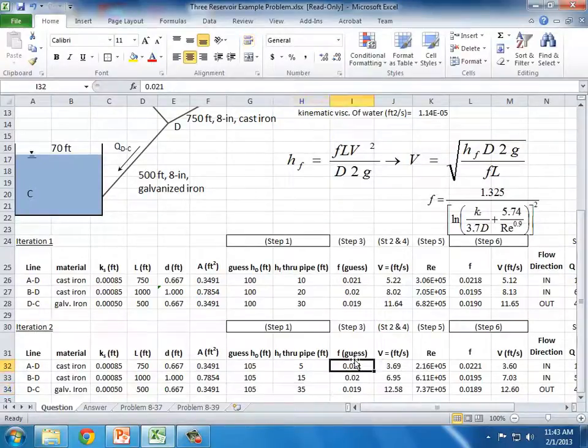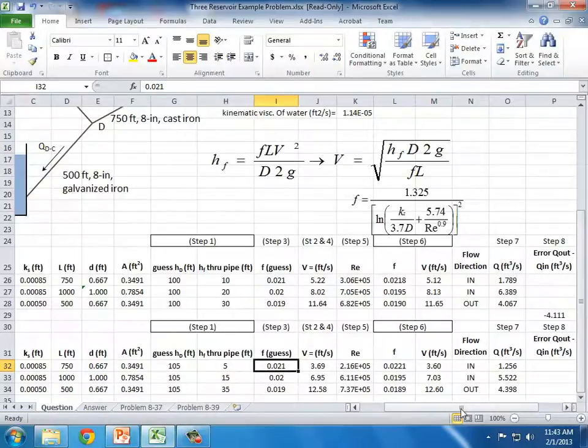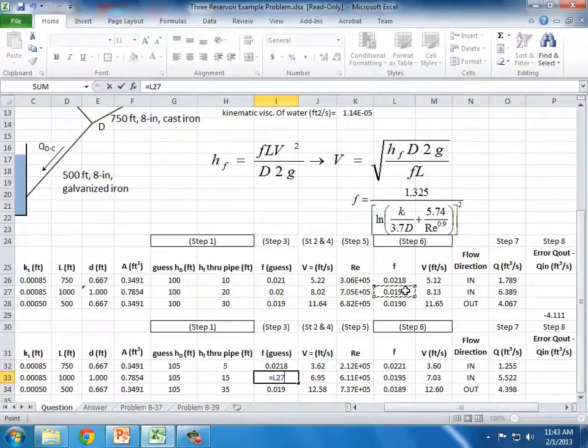Instead of just some random guess of F, what I'm going to use as my guess value of F here is to have it look up what the previous value was. So instead of typing in a value, I'm going to have it reference the previous one. So equals, and I'm going up here and having it choose the most recent version of F that it found in the previous step.